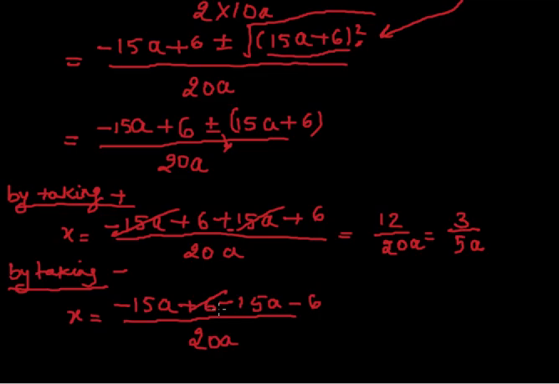This time this 6 is cancelled out and the terms are 30a by 20a. Again a is cancelled out, and if we cancel it by 10, the remaining terms are minus 3 by 2.